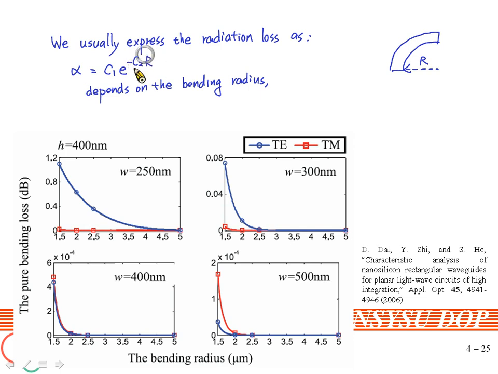For smaller bending radius, you will have larger alpha. This means that for larger bending radius, we will have smaller loss. But if you reduce the bending radius, then you will have larger bending loss. But sometimes we like to reduce the device size. So you will like to use smaller R, but smaller R will have larger loss.